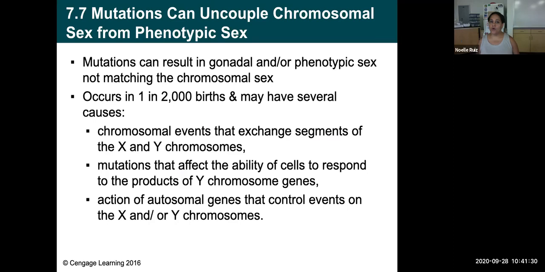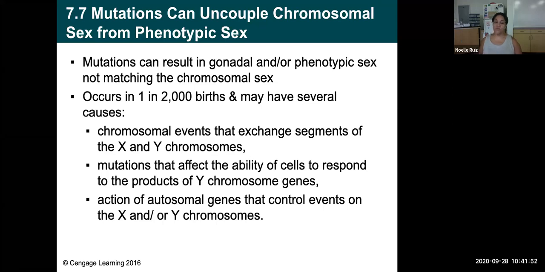And it occurs in 1 in 2,000 births and may have several causes. So 1 in 2,000, if you think of the millions of babies that are born each year, is actually very common. So there's a lot of steps that need to go just right. And in 1 in 2,000 births, something is off in one of those steps.